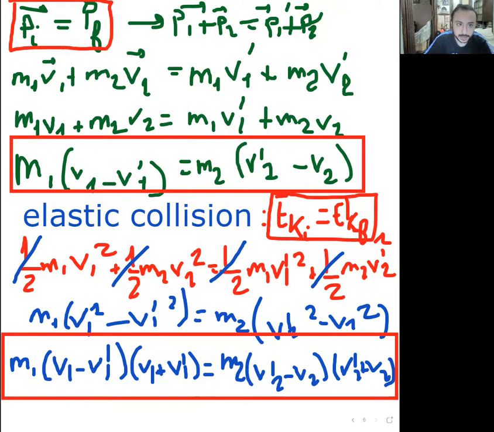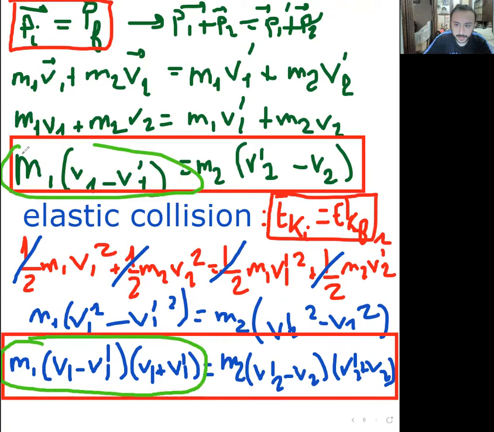You will put m1 factor of v1 minus v prime 1, this over this equals this over this. And from that, if you do the calculation now on your paper and simplify, pause the video and do the calculation and simplify.